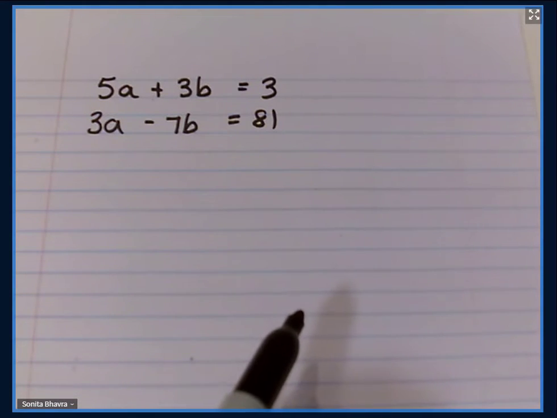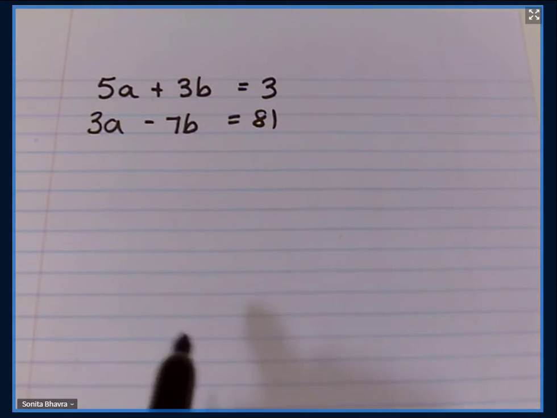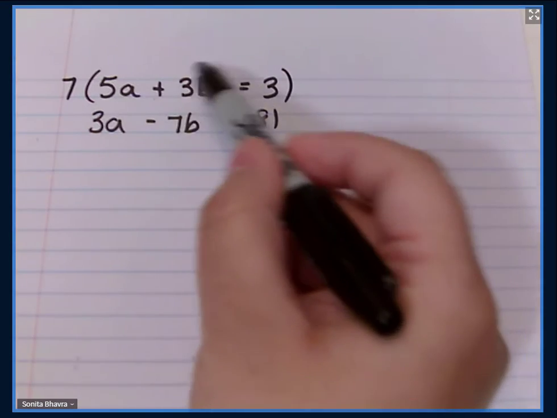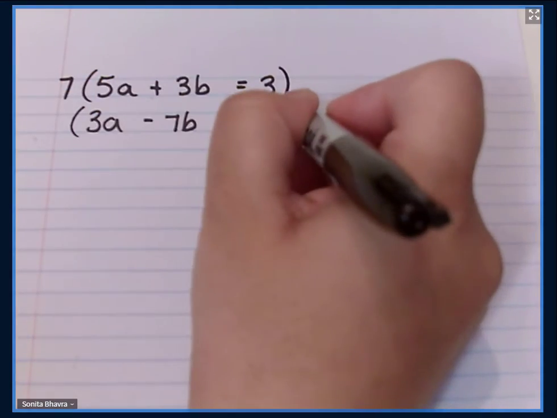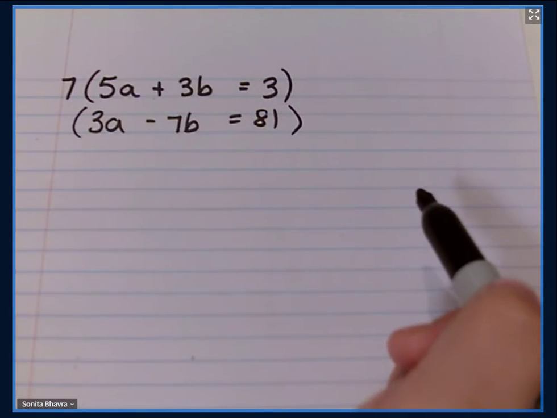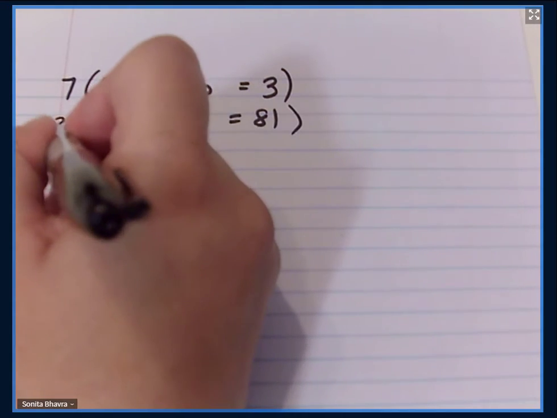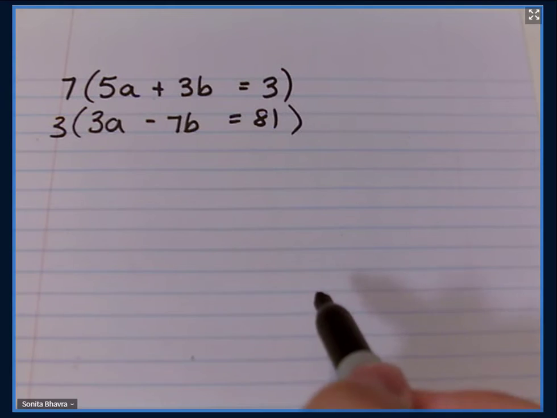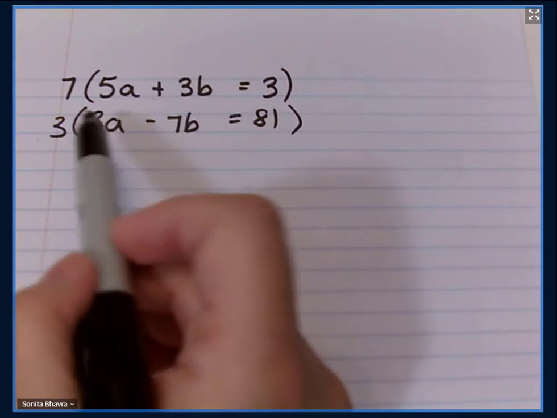So let's multiply the top equation by 7. I'm going to eliminate the b's, and so I'm going to multiply the bottom equation by 3. I'm just going to rewrite that out down here.